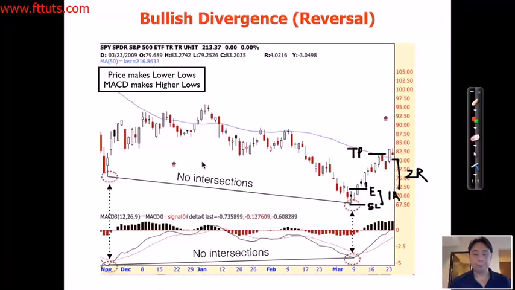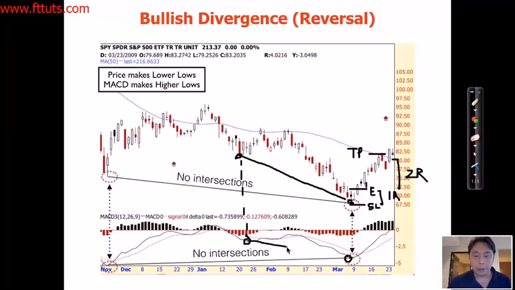Okay. Now, again, let me answer a question some of you would have: why wouldn't I have connected this swing low to this swing low, right? Well, you could have, right? So if you connect this swing low to this swing low, again, this is supposed to be straight, right? You would then have to connect this swing low on the MACD to this swing low, all right?